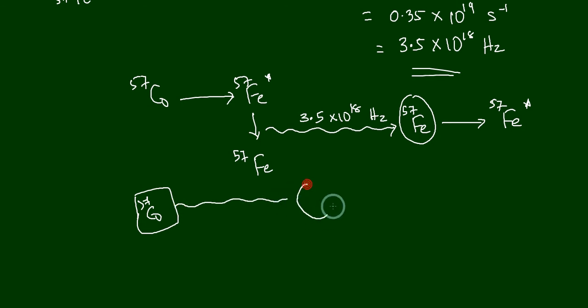If you place an iron 57 nucleus here, and place a Geiger counter just behind this iron nucleus, it will count the gamma ray photons coming after the iron 57. If you observe whether there is any fall in the reading of the Geiger counter, you can see that there will not be any fall in the reading of the Geiger counter.